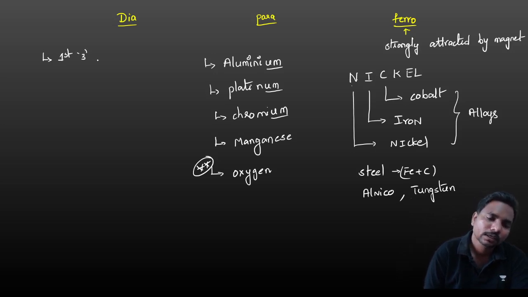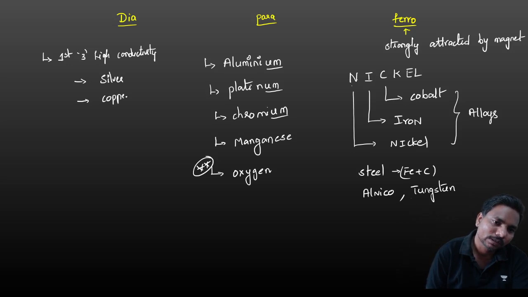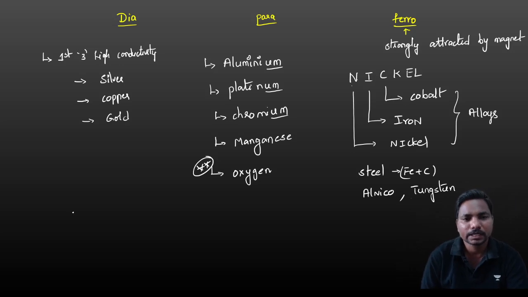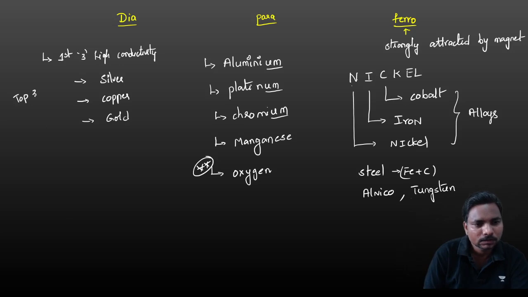Now coming to dia. First, the three high conductivity materials like silver, copper, gold. So these three you can remember as the top three electrical conductors, which belong to dia.